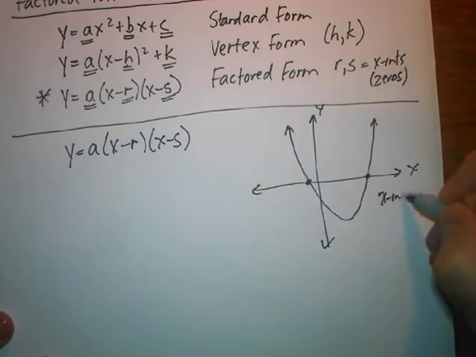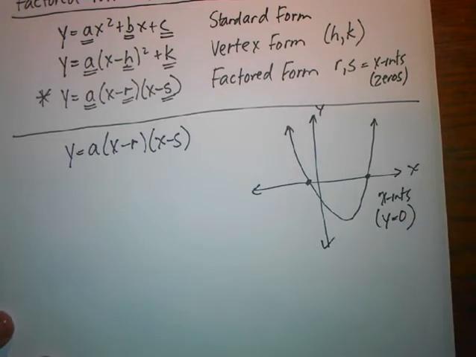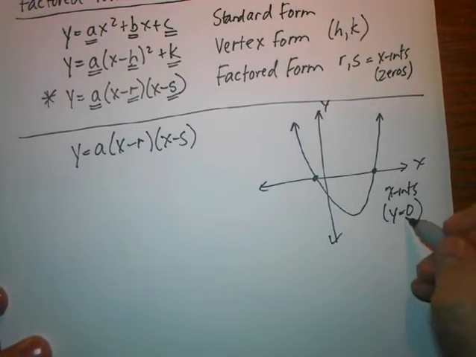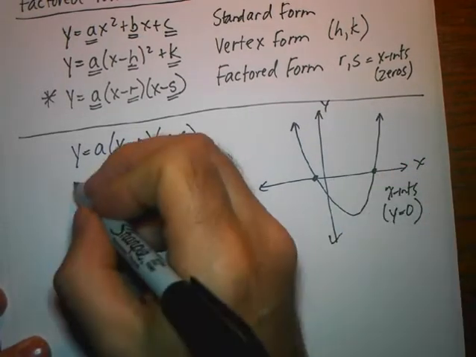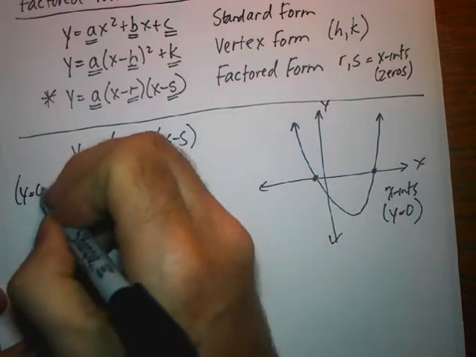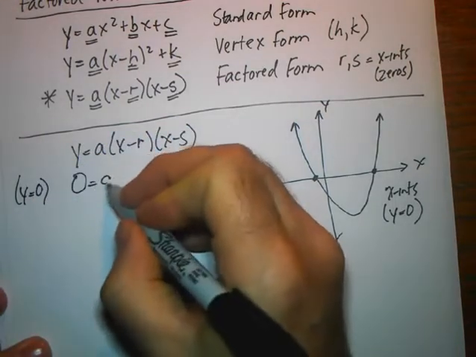So x-intercepts means that y is equal to 0. We learned that in grade 9, and you'll continue doing that in other grades as well. So since y is equal to 0 when we're finding the x-intercepts, I could just change the y in the original equation to 0.